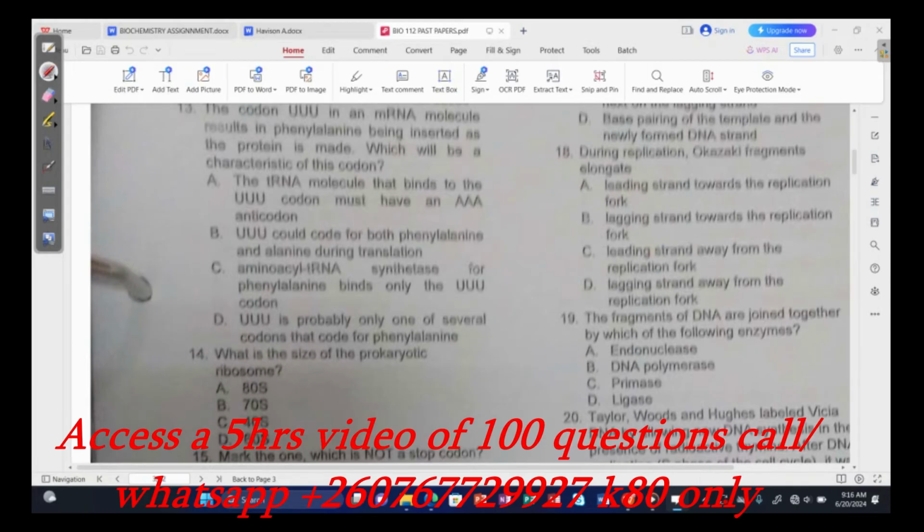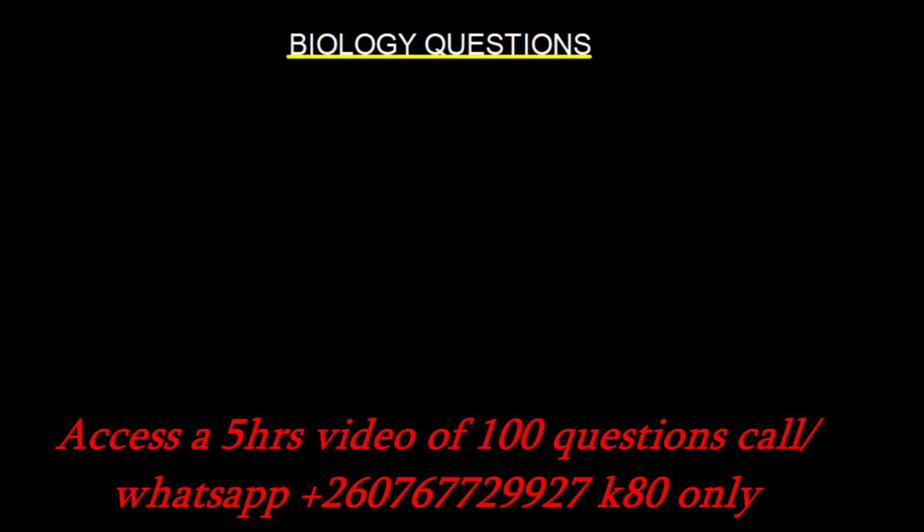B is saying the Okazaki fragments elongate the lagging strand toward the replication fork. D is saying the Okazaki fragments elongate the lagging strand away from the replication fork. So here is the matter of whether it elongates towards or away. Let me explain using this. You're going to have this replication bubble, with the direction of replication.